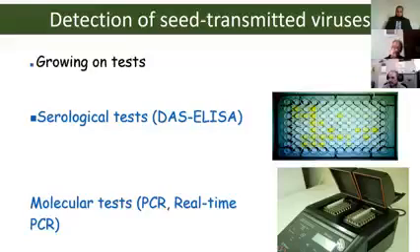We can also use DAS ELISA, and we also use PCR, real-time PCR, and so on. From the methods we are using now, PCR, either conventional or real-time, is more sensitive than ELISA in testing the virus in the seed.